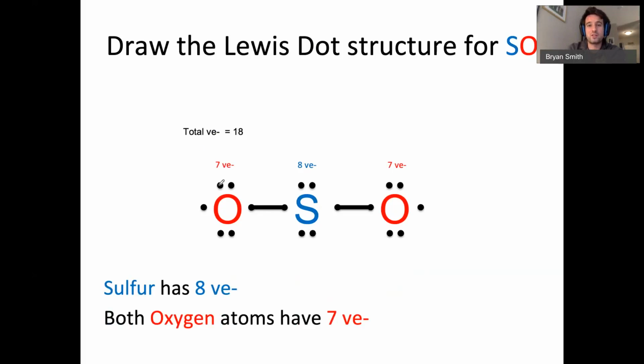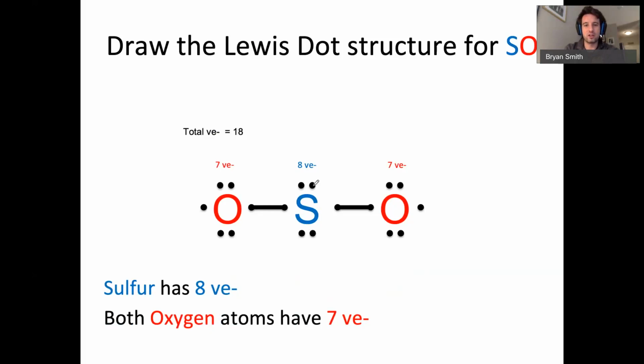They both have 7. Now, a lot of kids try to do a lot of different things with this. Kind of the most common incorrect answer is they're like, oh, well, what if we draw a giant bond over here? We don't see that happen. We don't see giant bonds form like from there to there.